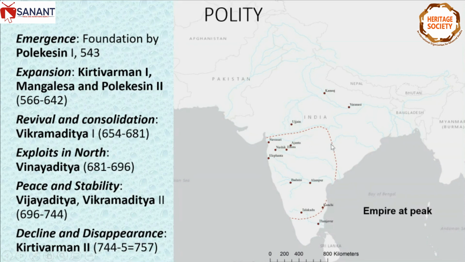Then Pulakeshin II, of course, you all know, was the king who defeated Harsha, his contemporary in the north, and he was the person responsible for extending the empire's borders up to the Narmada in the north and the Kaveri region in the south.